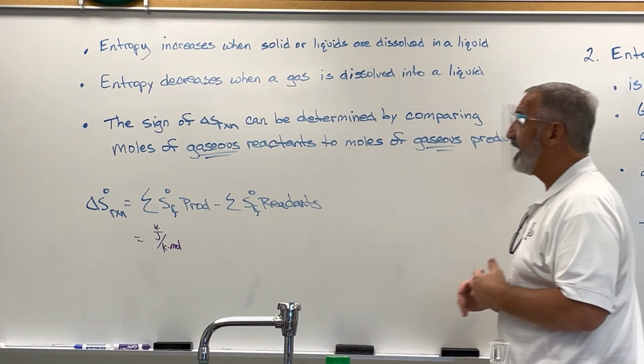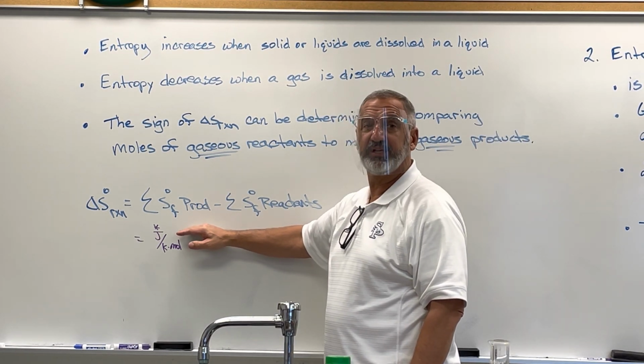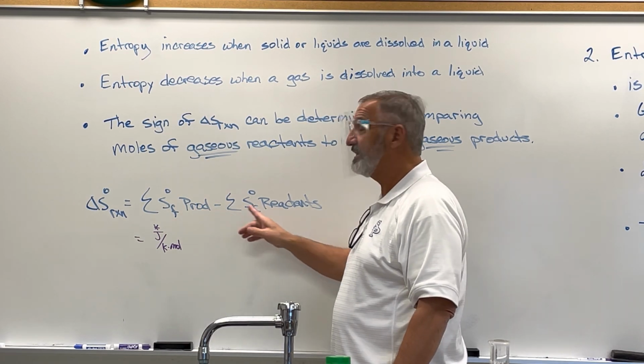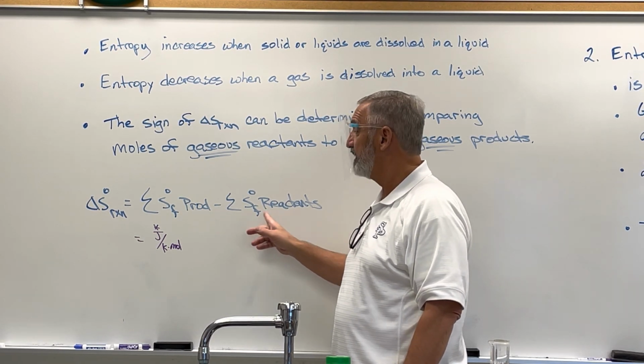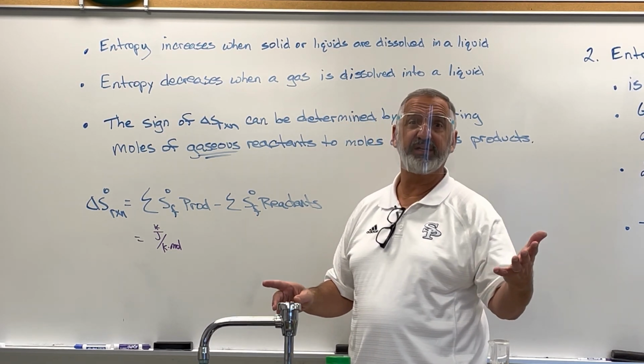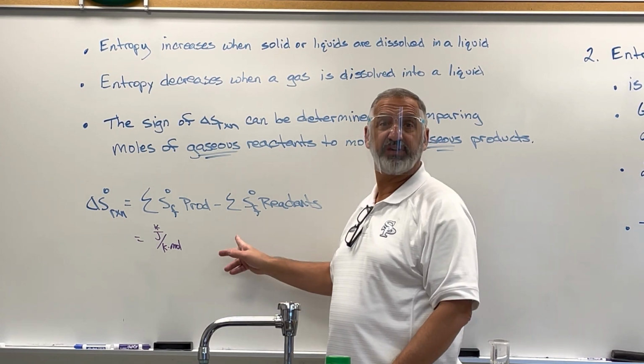Okay? And then lastly, this is how we're going to calculate delta S, but it's going to be just like we did delta H. The entropy of the products minus the entropy of the reactants. You get these values on page 1100, appendix C, the same one we got the delta H values from. The delta S values are there.